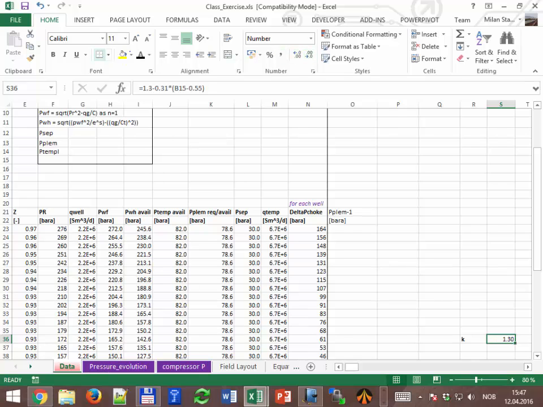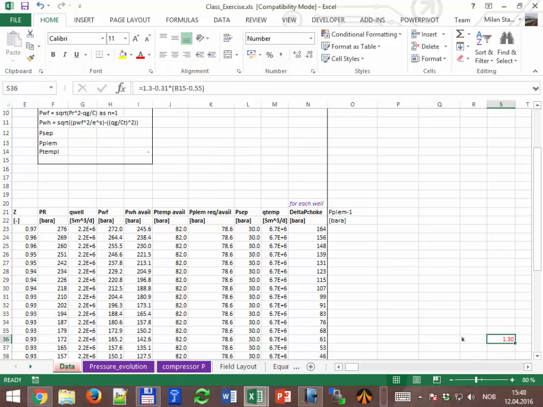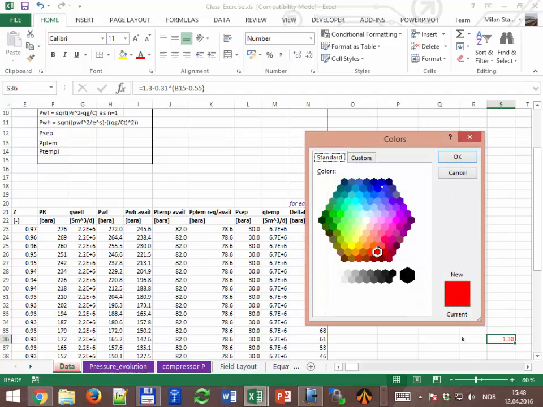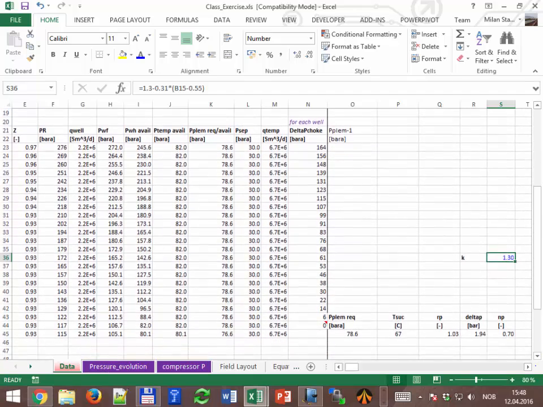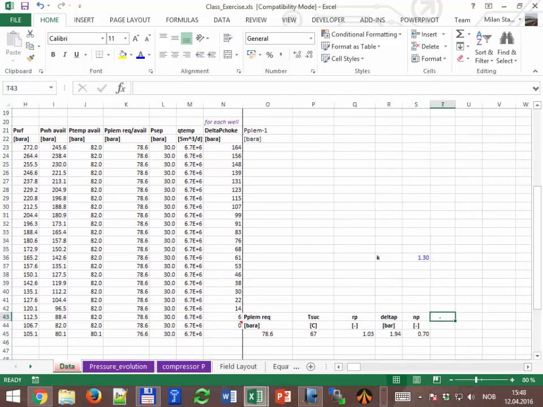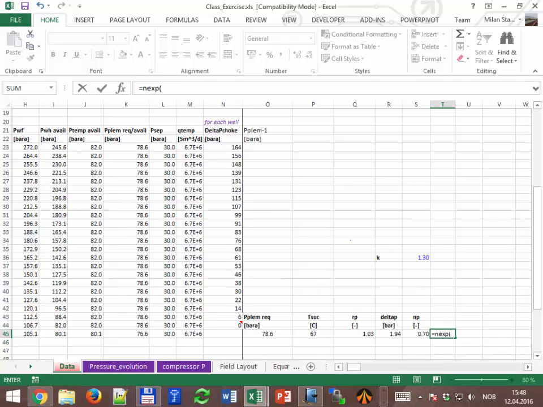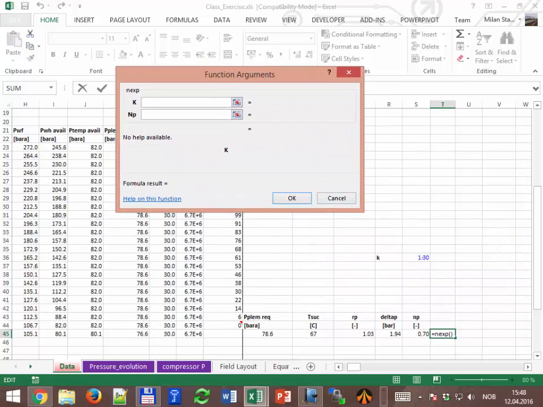So I have k, and with k now I can calculate the polytropic exponent. Here I need the k, which I already calculated, and I block it.